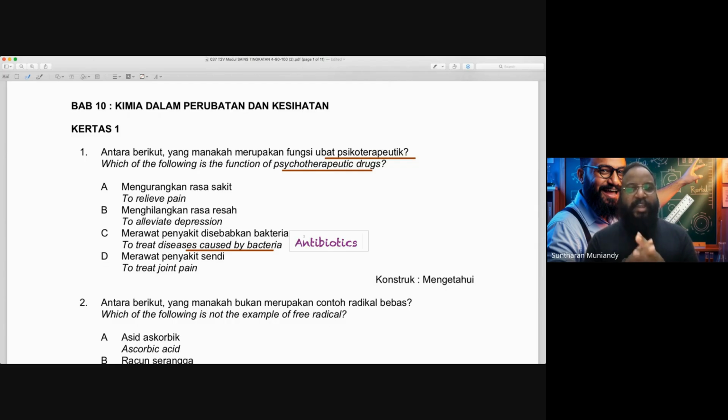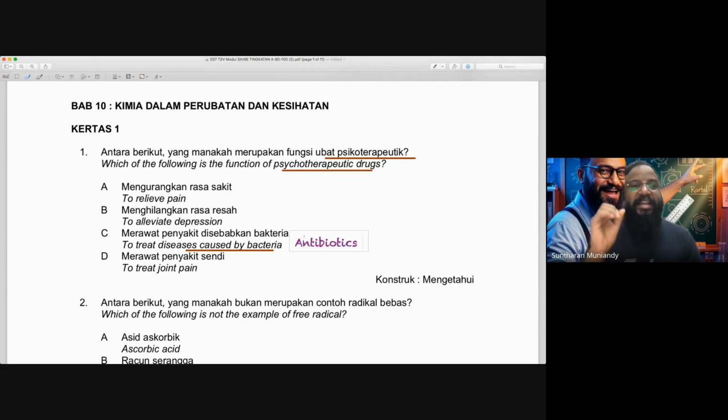Antibiotics is something to treat bacterial infection. Now, virus infection is different. Virus infection you treat with vaccines, not antibiotics. So anything to do with virus, you will need to treat with vaccines.